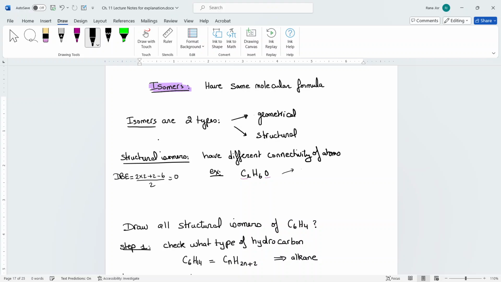A DBE of 0 and an oxygen in the molecular formula means two things. I have here an alcohol, or I have an ether, because the alcohol has a general formula of ROH and the ether has the formula of ROR. It really helps if you draw their general formula so that when you connect them together, you know what you're doing.